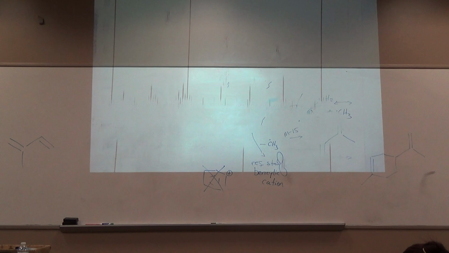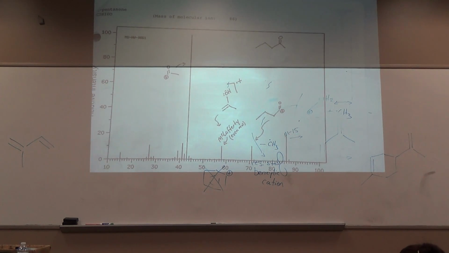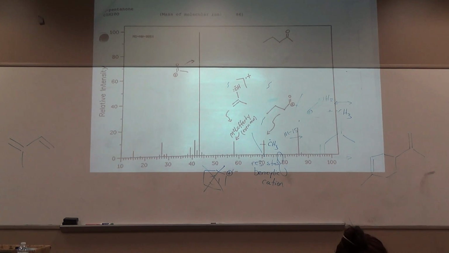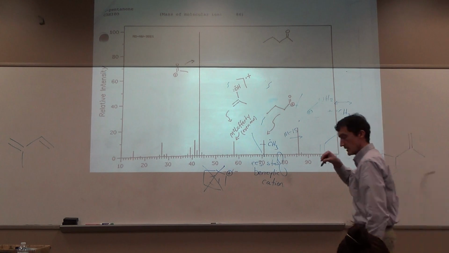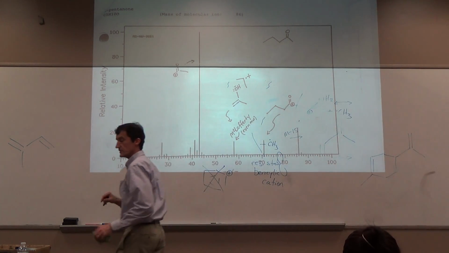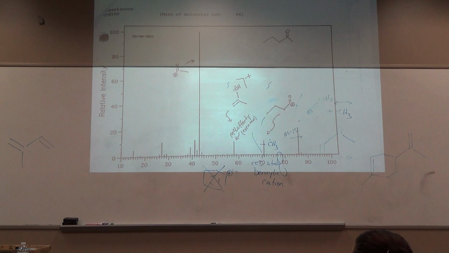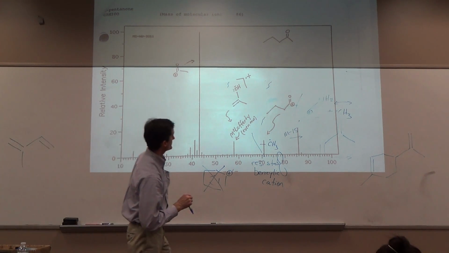Okay, let's look at a carbonyl containing compound. There's a ketone here. Don't look, is the mass odd or even? Just look at the structure. No nitrogen, so it's even. Okay? 86.